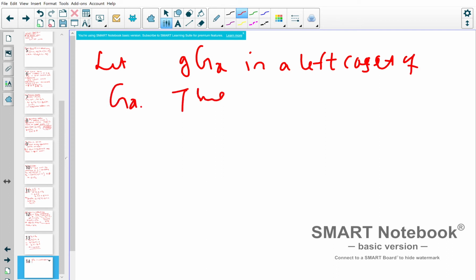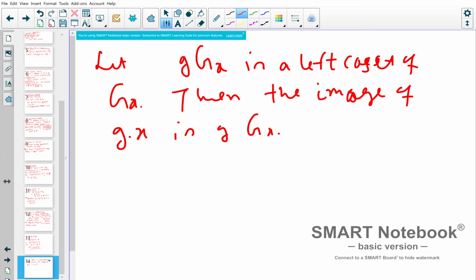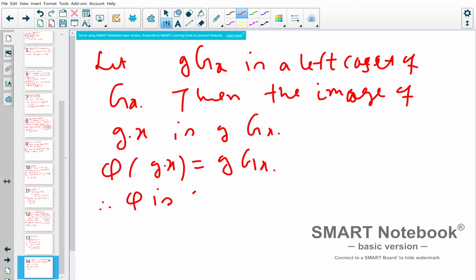Then the image of g dot x is g gx. This is simple, because phi of g dot x is nothing but g gx. So it is trivial to check that phi is onto, and hence phi is a bijection.